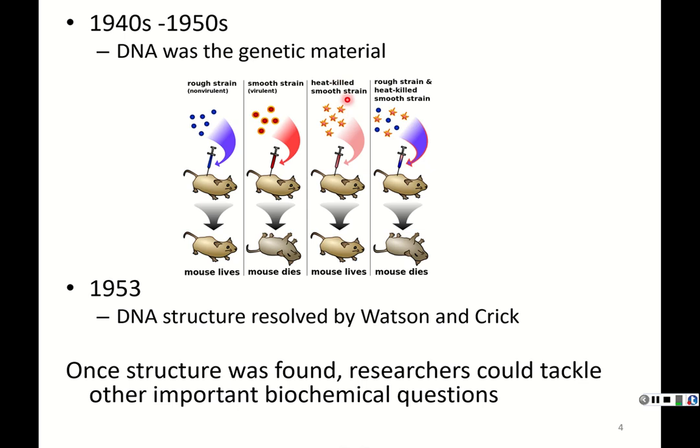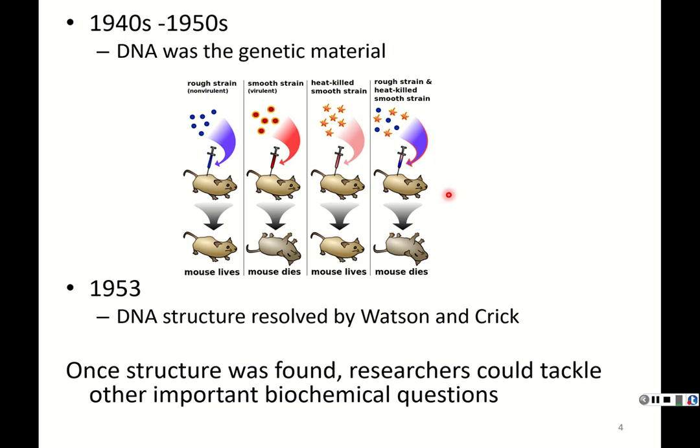If you heat killed that smooth strain and inject it, the mouse would still live. And if you mixed the rough strain and a heat-killed smooth strain and injected it into the mouse, the mouse would die. So there was something from that heat-killed smooth strain that the rough strain was picking up and allowing it to gain virulence.